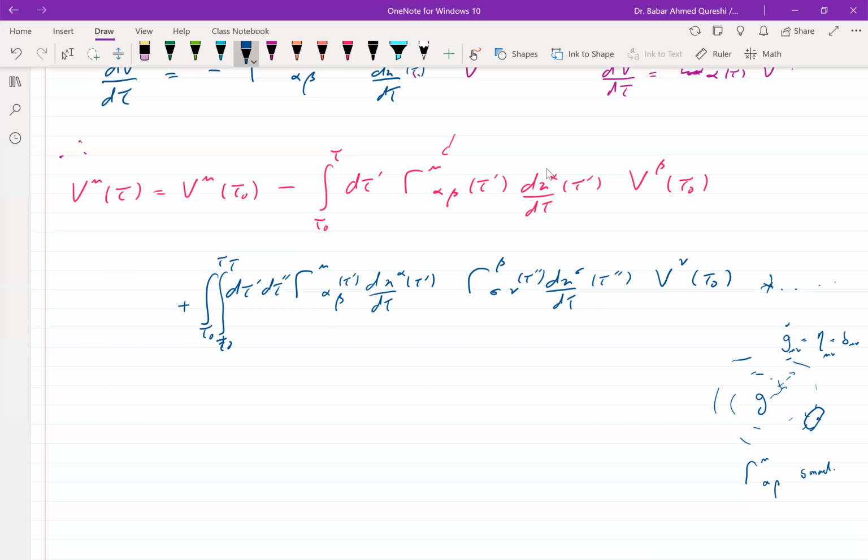They're going to be small, and so then I'm going to expand this term in this small gamma mu alpha beta. So I'm going to drop higher order terms that have third powers of gamma. Dropping them is justified because in the end, I'm just going to take a limit, so it won't even matter.